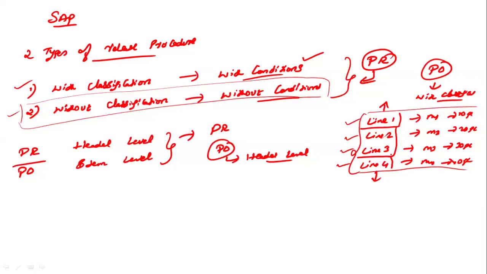Okay. If no more questions, then I'll define what are the configuration steps, and then we can do the configuration of the release procedure. So now, config steps. First thing is you need to create the characteristics.